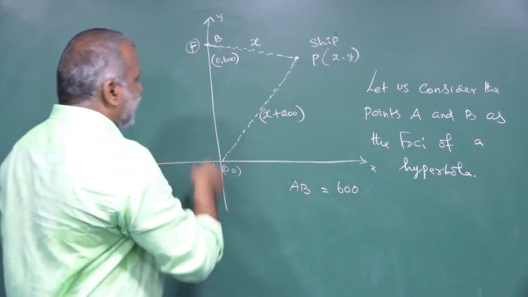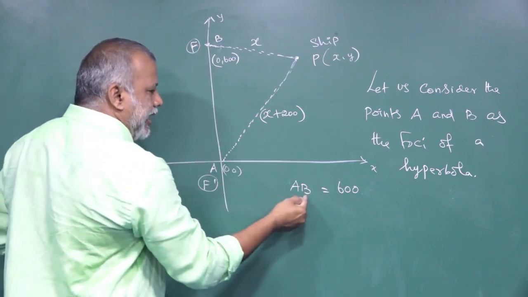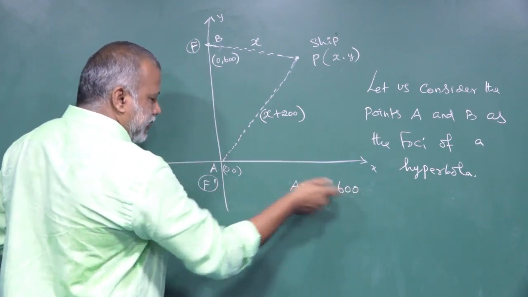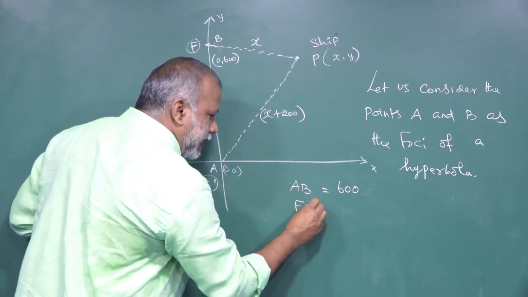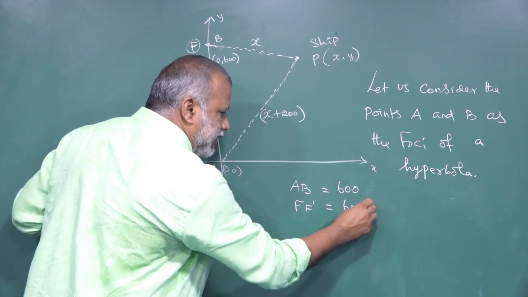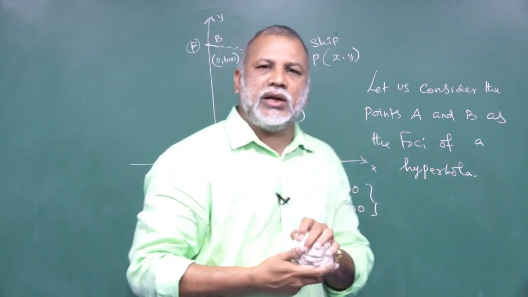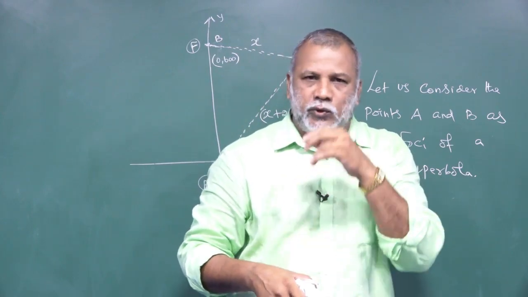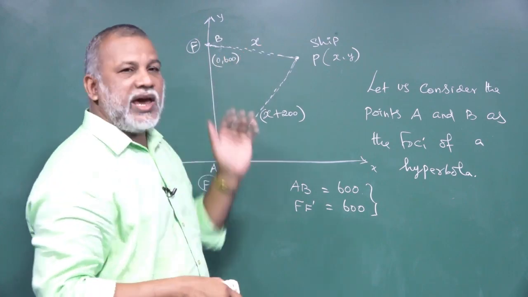Now listen. The distance between these two is given. Initially I said AB is 600. Now it is FF dash equal to 600. F is generally called the focus, and F dash is the other focus. It is a hyperbola along the y-axis.